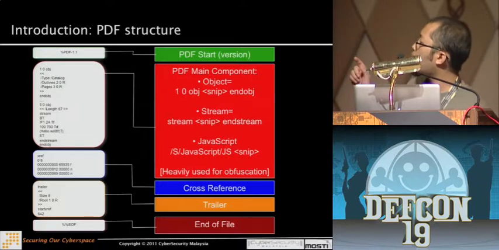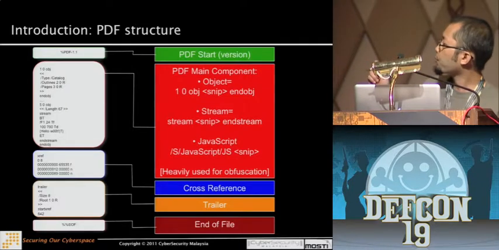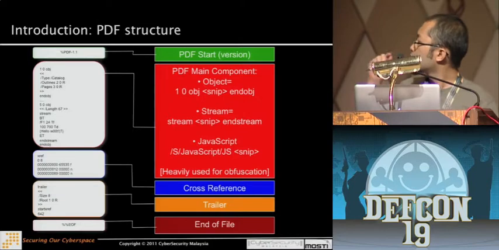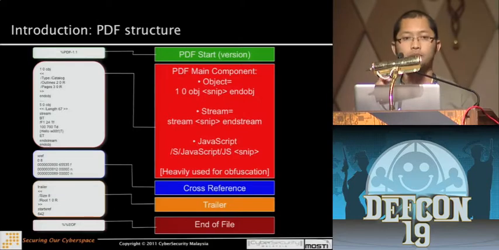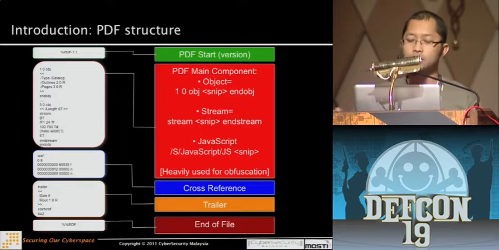For example, you can have some weird characters, like ABC, or whatever you want, and then you put %PDF-1.1. It can still be considered a legitimate PDF version.